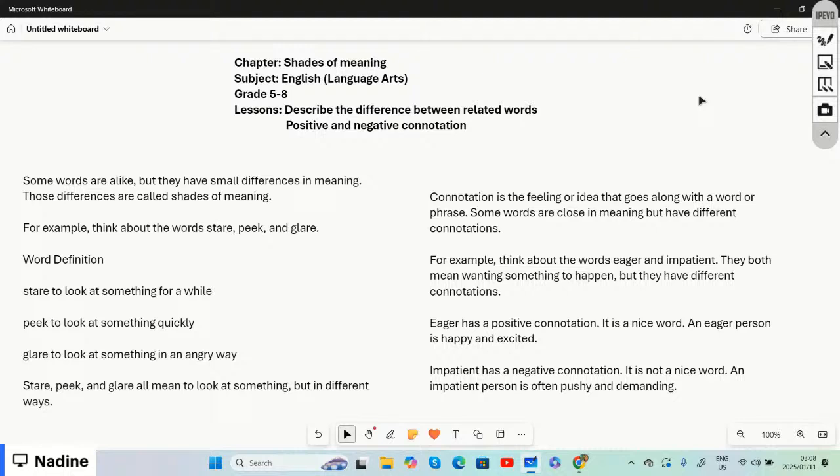All right. So once again, we said some words are alike. You'll think that the words are the same, but they have small differences in meaning, or slight differences in meaning. And those differences in meaning, we call that shades of meaning.